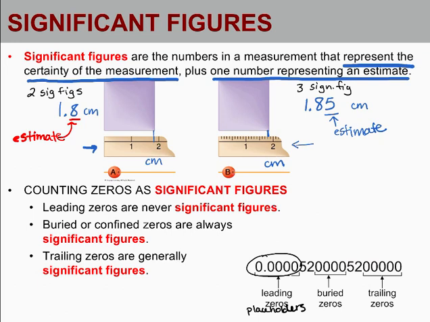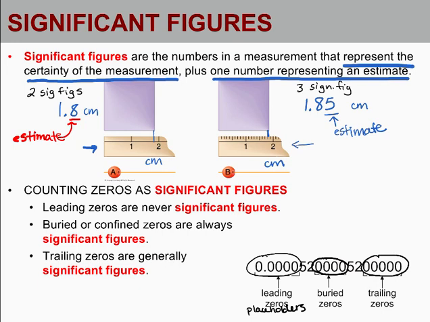Now, if you have buried zeros, or zeros that are in between non-zero digits, those are significant because they are between numbers. And then trailing zeros are usually significant. So these zeros typically show up after a decimal and after a non-zero digit.